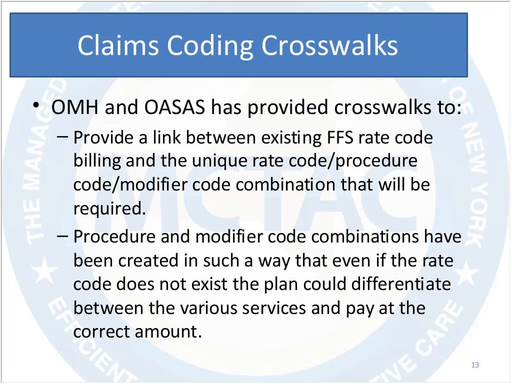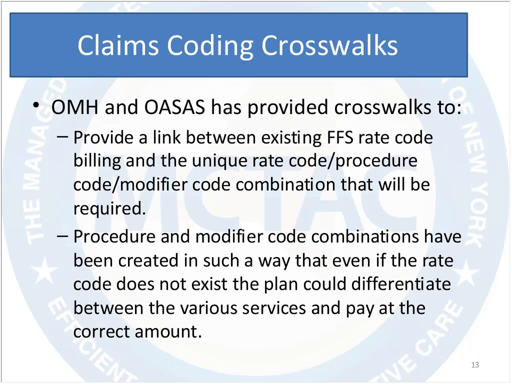OMH and OASIS are also providing crosswalks. That's to provide a link between the existing fee-for-service rate codes and the unique rate code, procedure code, modifier code combinations that will be required. That is posted out there, and you can take a look.